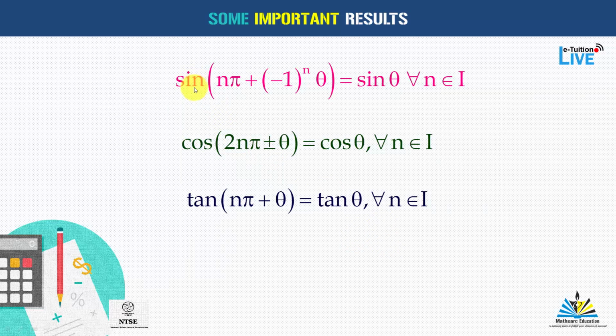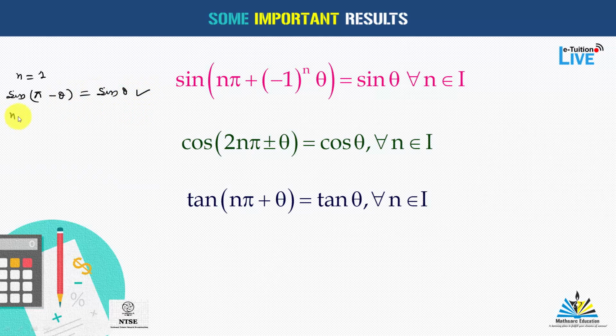Let's understand this formula. Now for n equal to 1, the formula becomes sine of pi plus minus 1 to the power 1, that is minus theta, is equal to sine theta. So this is true. Pi is 180, so 180 minus theta goes into the second quadrant, so sine of 180 minus theta is sine theta. This is true.